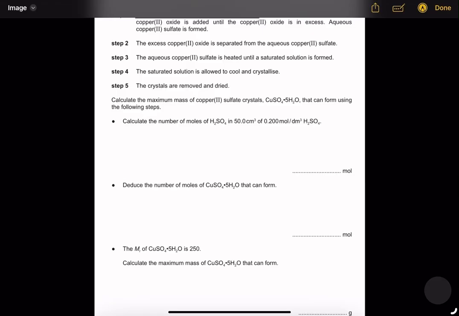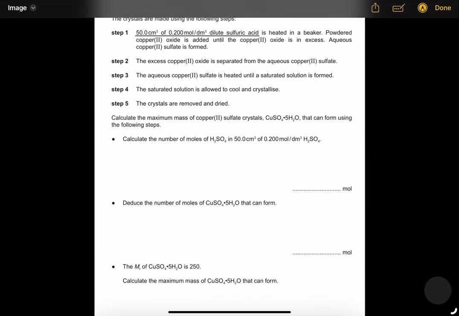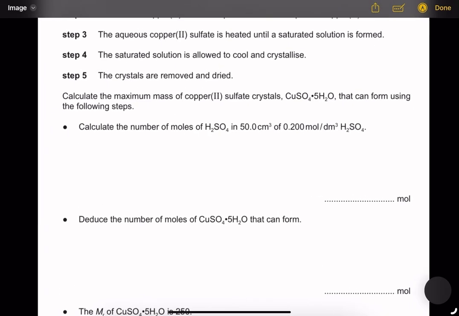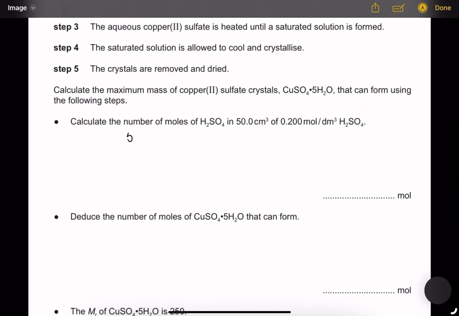So first we have to calculate the number of moles of H2SO4 in 50 cm cube of 0.2 mole per dm cube H2SO4. So 50 cm cube is equal to 0.05 dm cube. Number of moles is equal to 0.05 times 0.2, which is equal to 0.01.